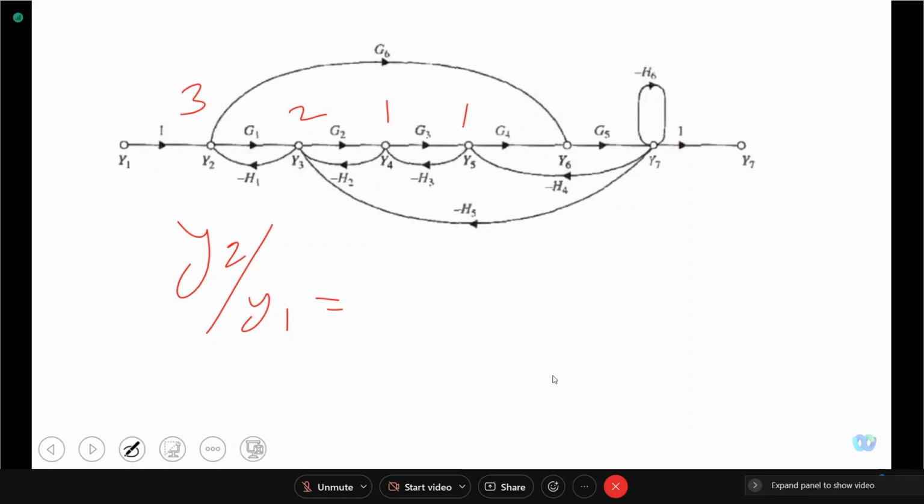And at Y7, only one loop. So total, how many loops? 8. Correct, no? So we will get delta. Up to this point is clear?